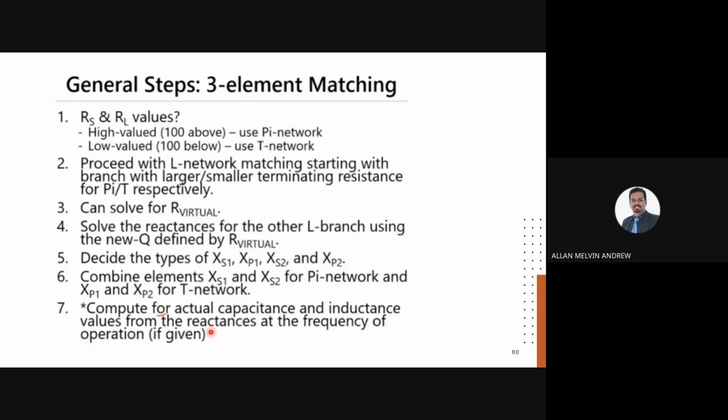You must have an impedance matching to calculate the actual capacitance and inductance needed to transmit at this particular frequency without any distortion. So that's the step of three element matching.